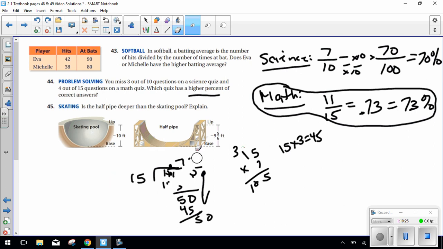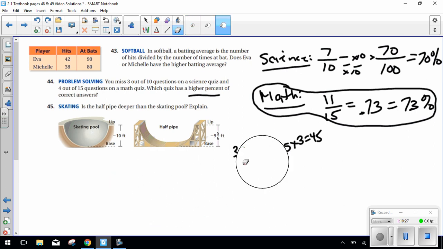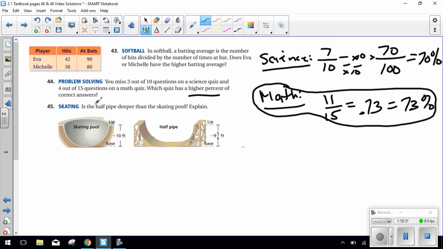And the last one, believe it or not, it's an absolute value question. Is the half pipe deeper than the skating pool? So it's simply yes or no. It's saying, is this number here deeper than this number here?